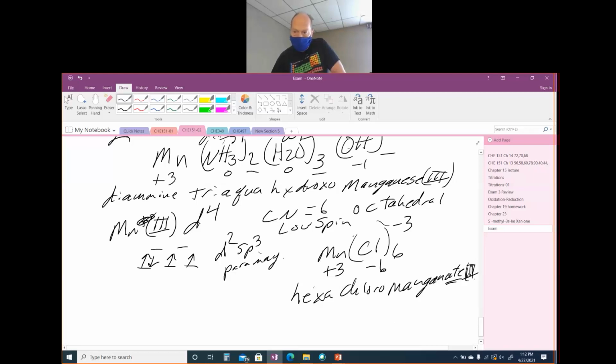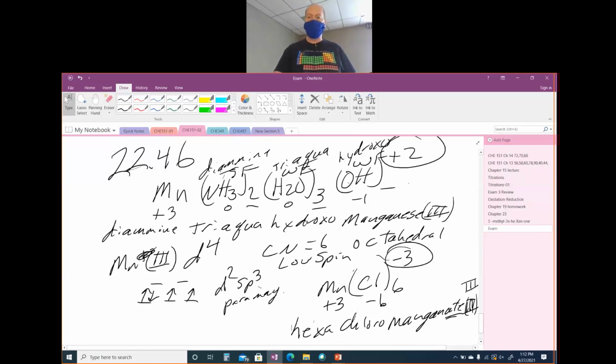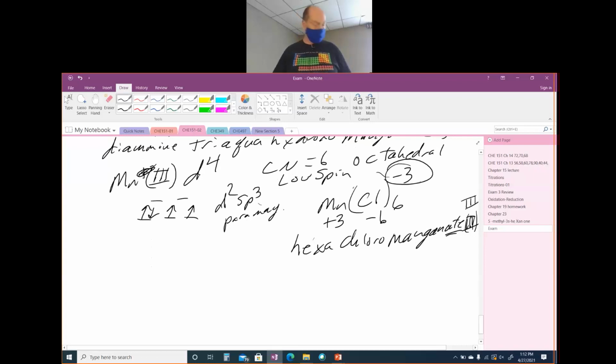That is a Roman numeral 3. It's manganate because now it is an anion. Manganese up there was because the overall charge was positive. So you just give the name of the metal if it's neutral or positive.